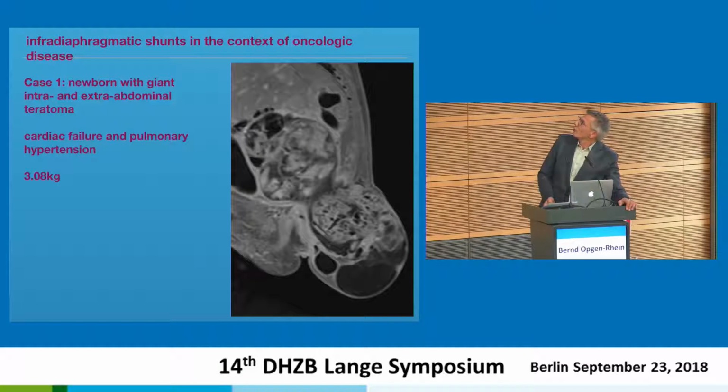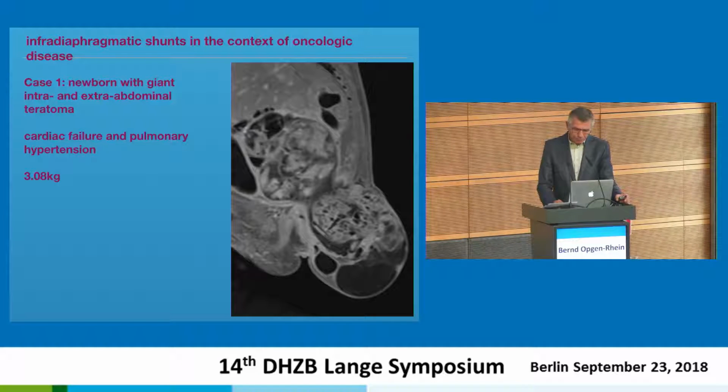This one is a newborn with a prenatally known giant teratoma with an extra- and intra-abdominal part with cardiac failure and pulmonary hypertension, 3 kilograms of weight.